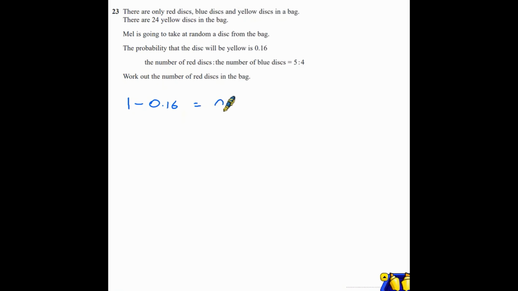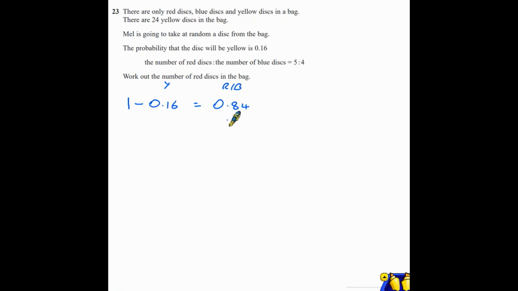You end up with the probability of it being red or blue is 0.84. So 0.84 it could be red or blue, 0.16 that it's going to be yellow.